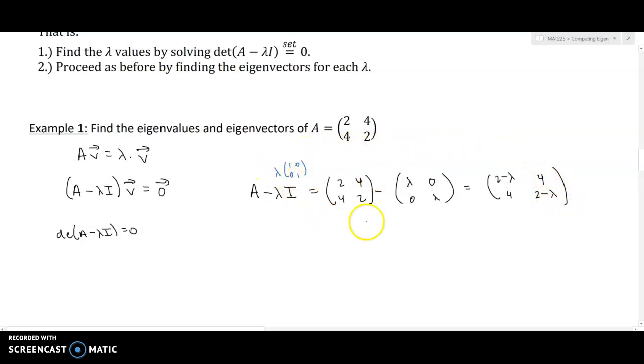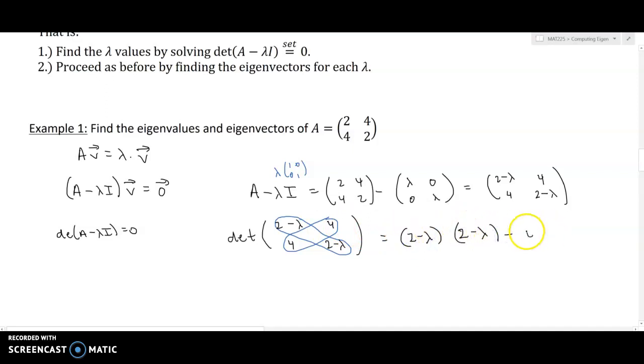We want the determinant of this thing to equal 0. So we now take the determinant of the matrix 2 minus lambda, 4, 4, and 2 minus lambda. To find determinants, we multiply these components together, then subtract away these components multiplied together. So we will have 2 minus lambda times 2 minus lambda, minus 4 times 4.